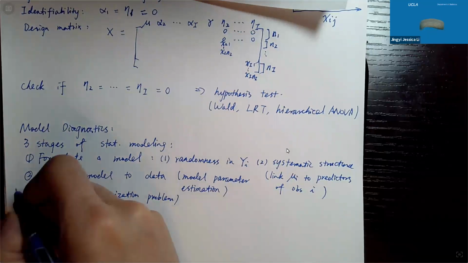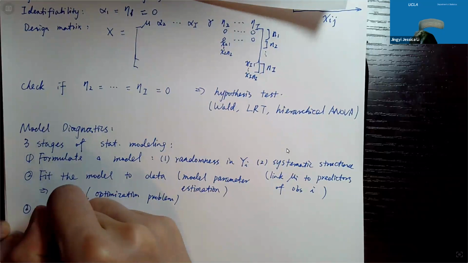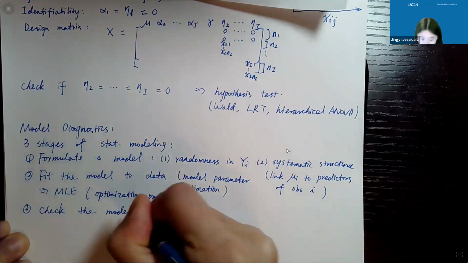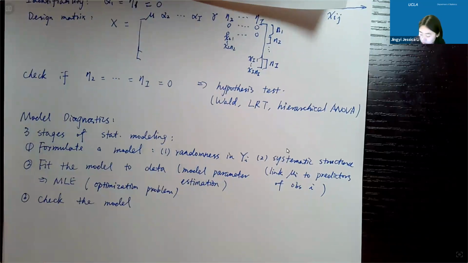Then the last thing is to check the model. And this is what we call here the diagnostics. We want to make sure that the model fitting results can retrospectively let us check our model assumptions and see, yeah, the model assumptions are not crazy.